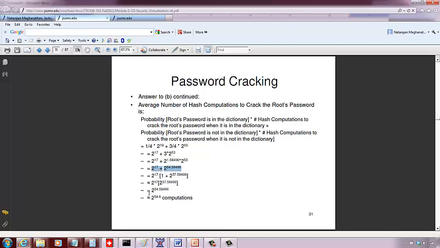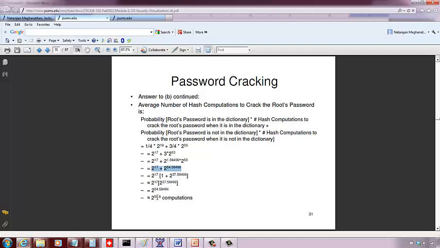So I can say this is approximately equal to 2 raised to 54.58496.